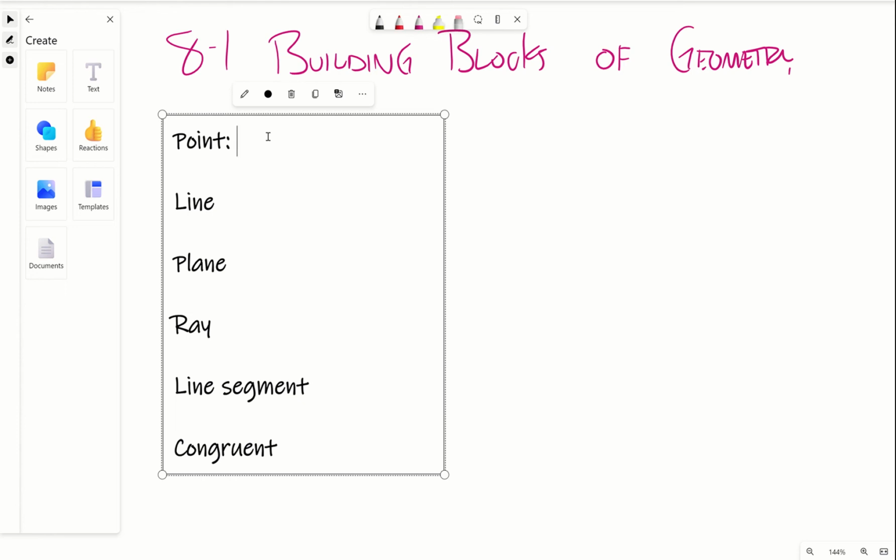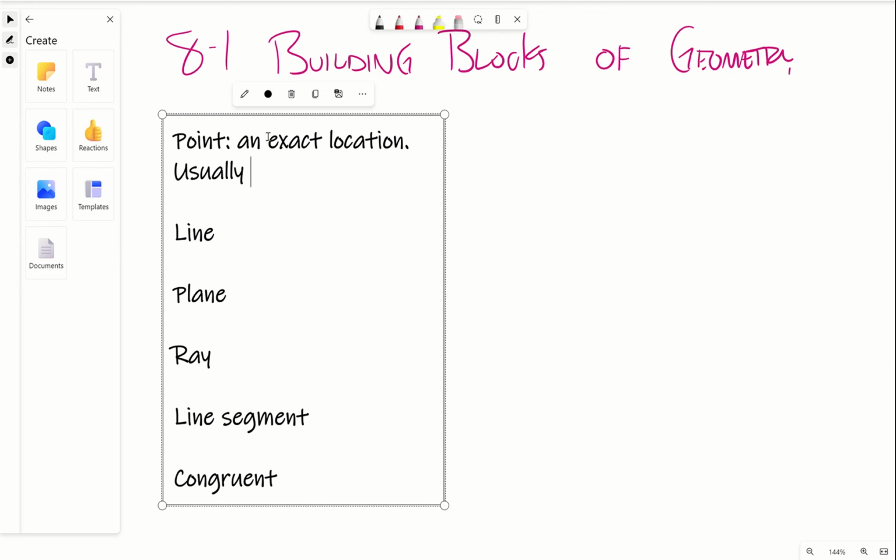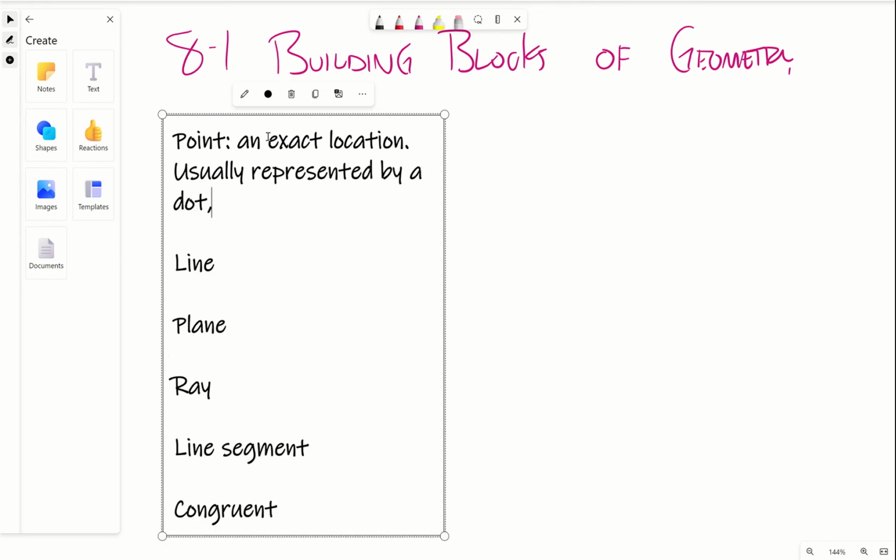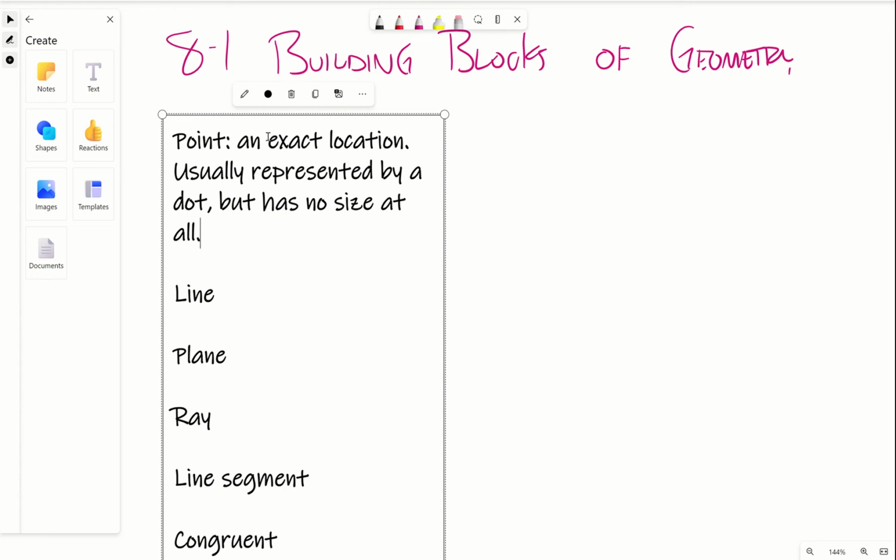A point. This is an exact location, usually represented by a dot, but has no size at all. So point is an exact location.